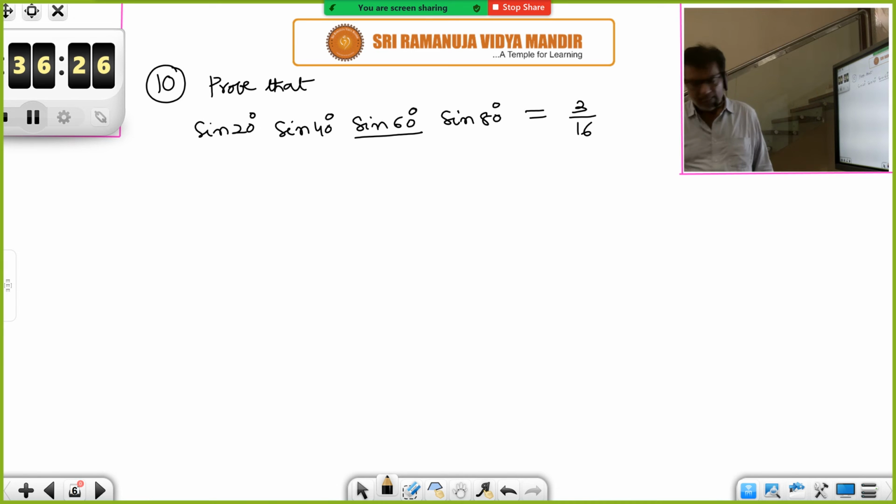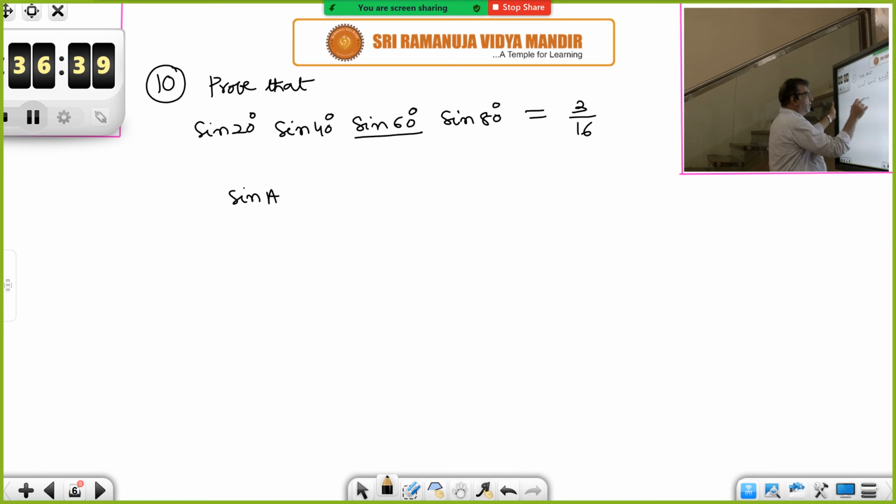So can you find its value using the just now derived formulas? We have just derived a formula. To prove this, we'll start at left hand side.